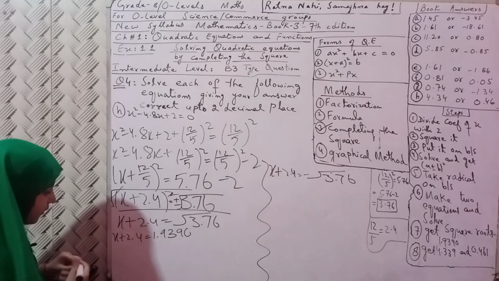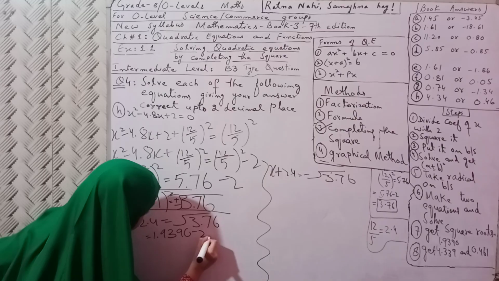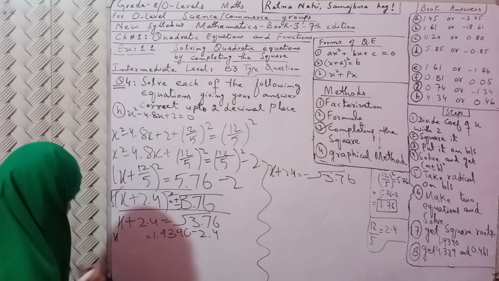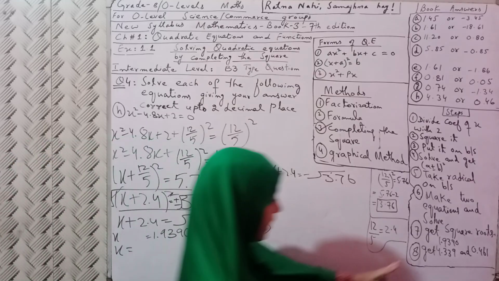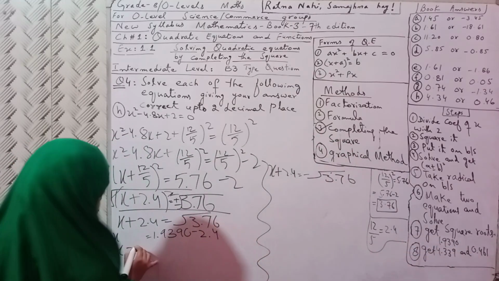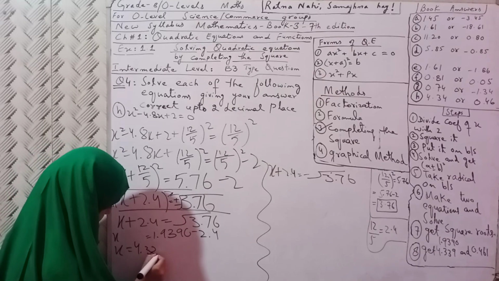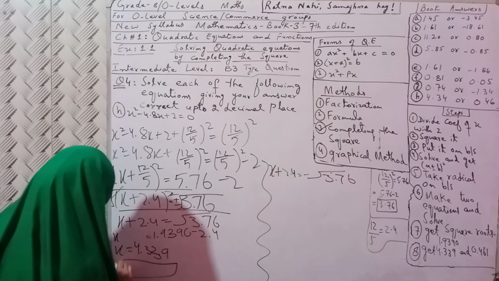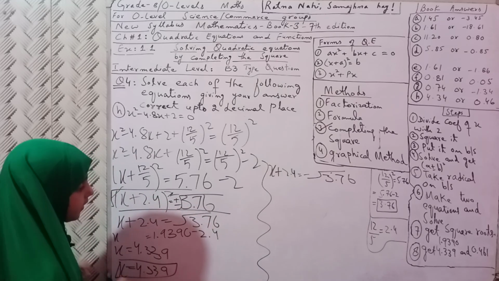Now this will go there, minus 2.4. Then we will do the plus minus. Answer will come x is equal to 4.339. Now we will do the round off. Answer will become x is equal to 4.34.